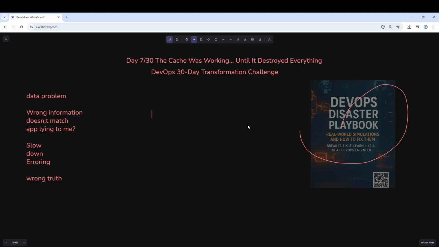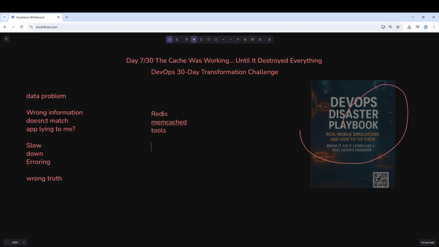All right. Let's go deeper. What this episode is really about. This is not about Redis. This is not about Memcache. This is not about any tools.